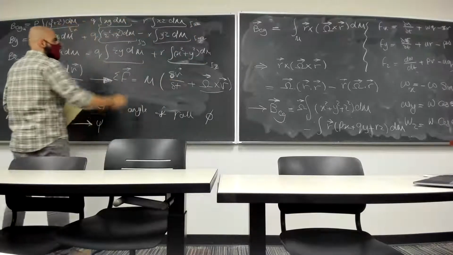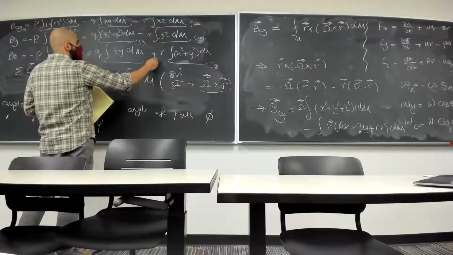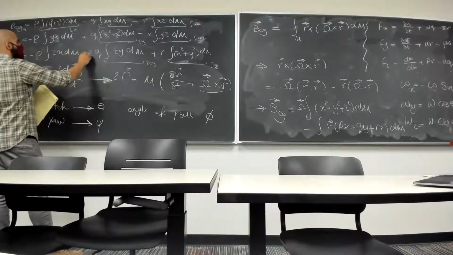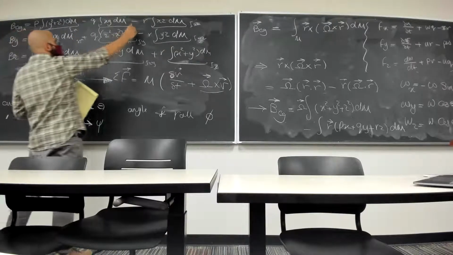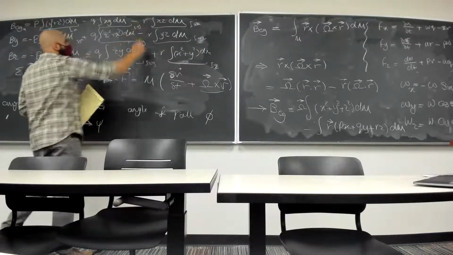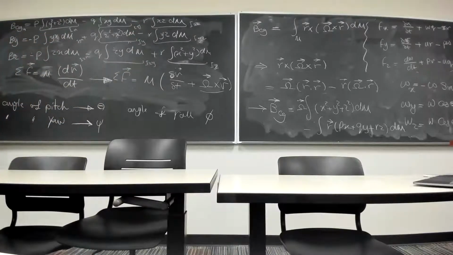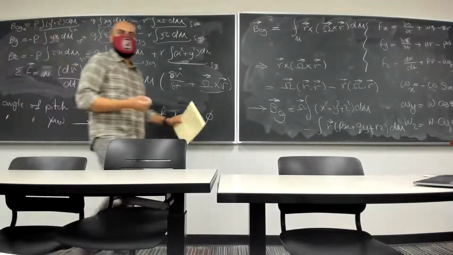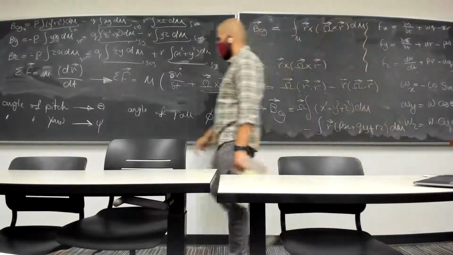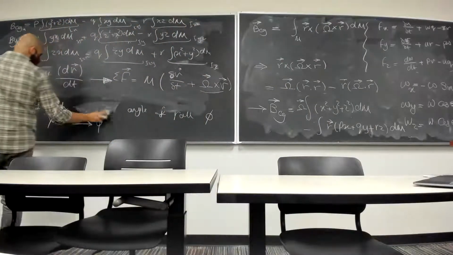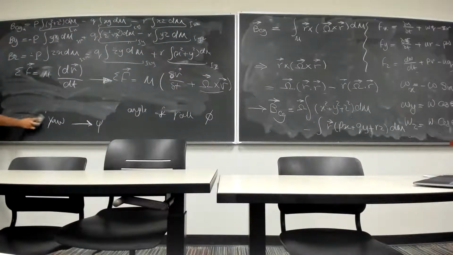I of yz, I of zy, I of zx, I of yx, and I of xy. So essentially, we have everything in these equations of motion. They can be as complicated as possible. This is, I guess, the beauty of them.